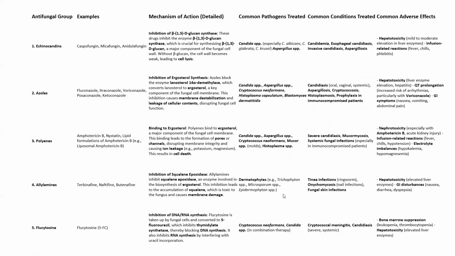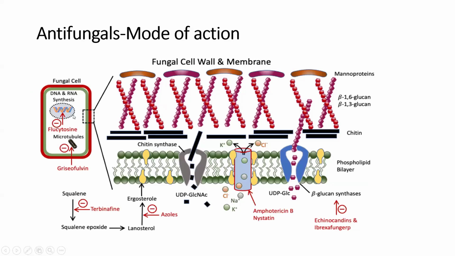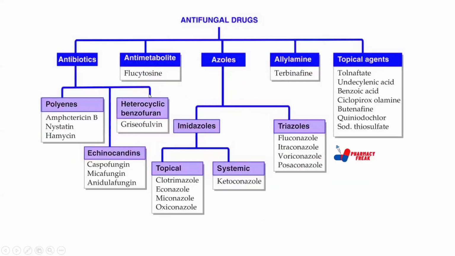Then about flucytosine. It inhibits DNA and RNA synthesis. You can see here how it affects; it is in the antimetabolite group. So when asked about the groups, you have to go ahead with the antifungal groups: polyenes, echinocandins, azoles, allylamines, and antimetabolites.